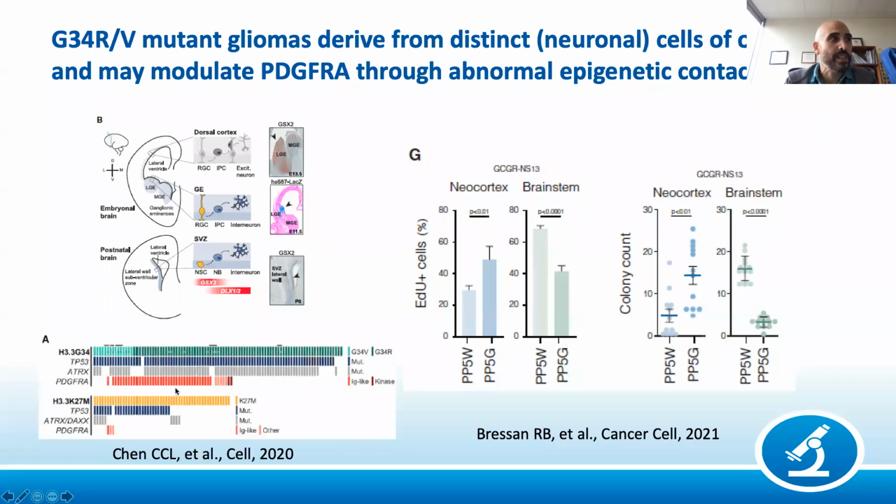So the other thing I want to mention here is the very high rates of ATRX mutation that you see in G34R mutant diffuse hemispheric gliomas. And this is in contrast to the extent to which you see them in K27M mutant diffuse midline gliomas. They are present there, but in less than half, whereas they really are a defining feature in diffuse hemispheric glioma, G34R mutant.